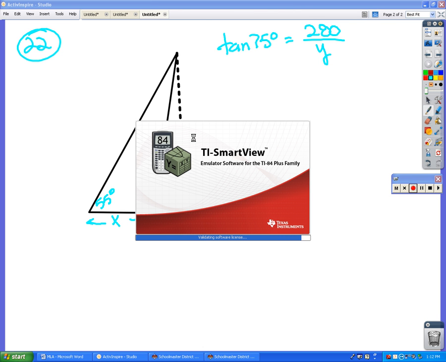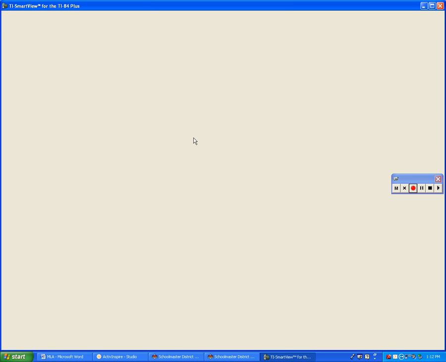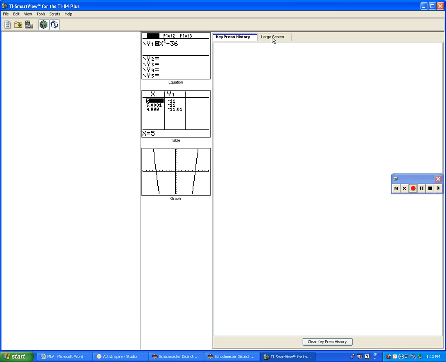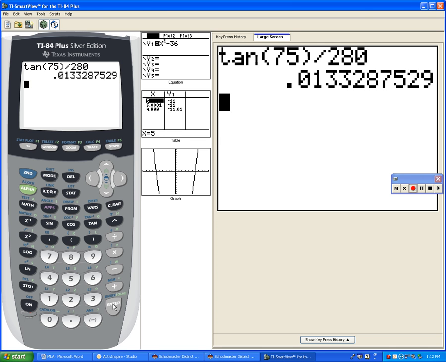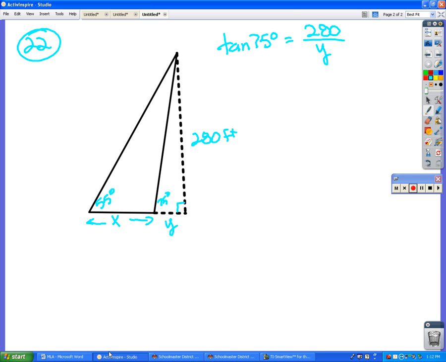So if you try to solve this problem and you go, okay, the y is on the bottom, so I need to divide, and you say tangent of 75 divided by 280, is this side down here probably 0.013?